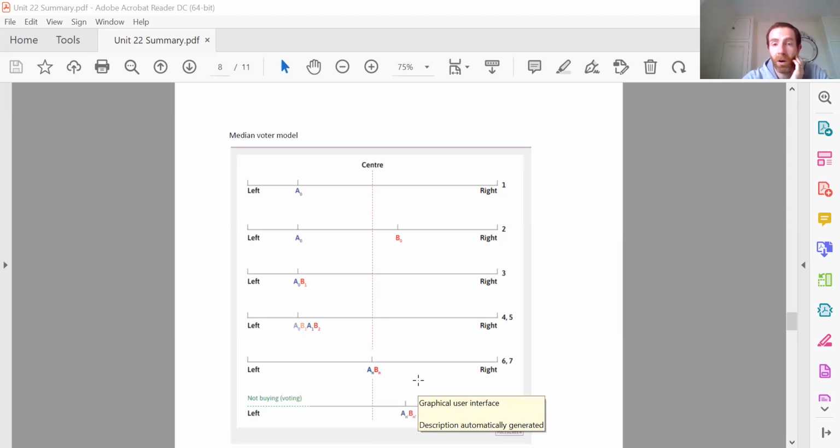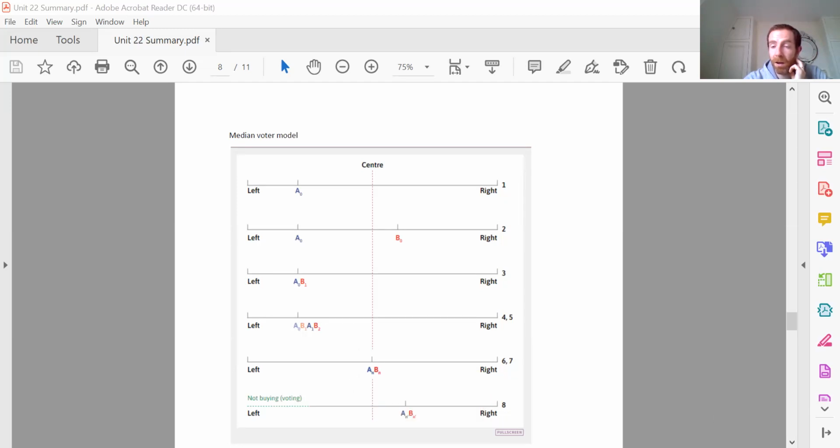And you could argue that this is the case in quite a few countries, maybe less so in, I don't know, maybe the last 5 years, but go back to the 1990s, early 2000s, and maybe you could argue that the Democrats and the Republicans in America had very similar policies. Certainly maybe the Conservatives and the Labour Party back then, very, very similar policies. So that is what this median voter model tells us might happen in those circumstances.